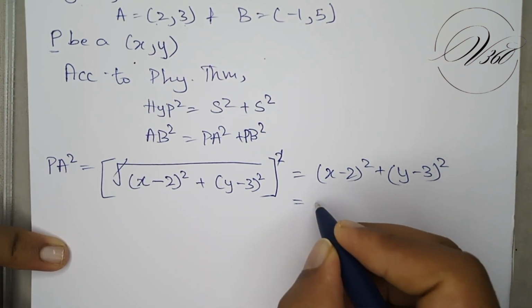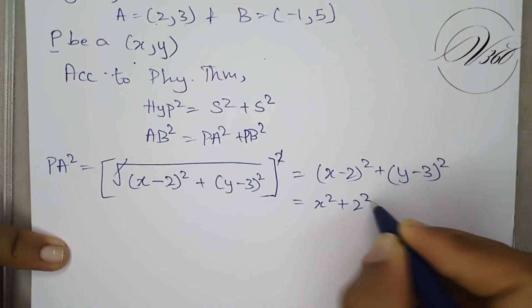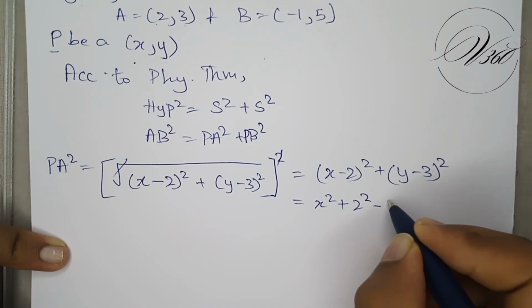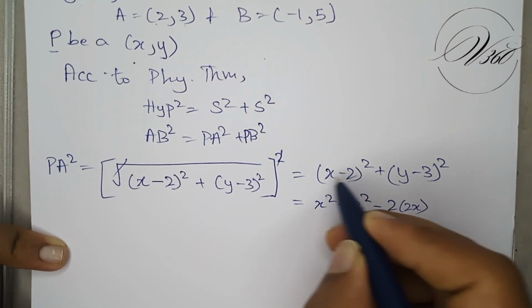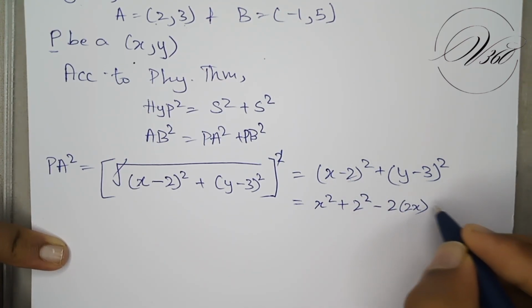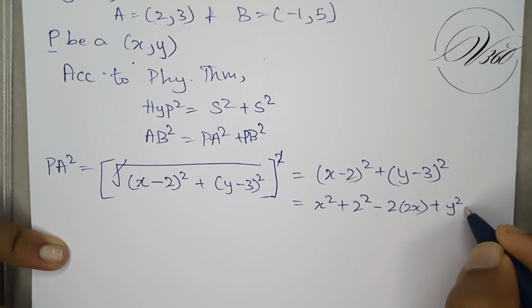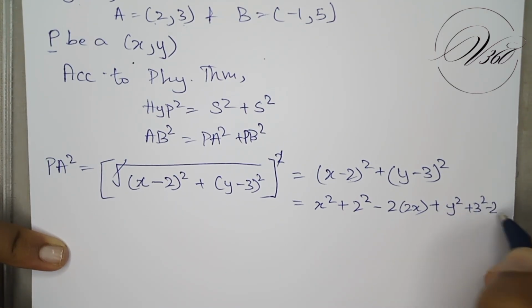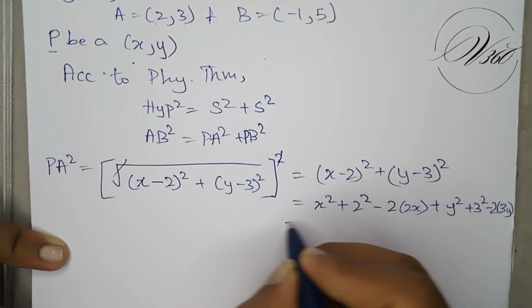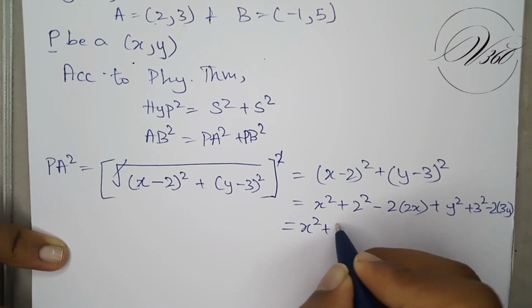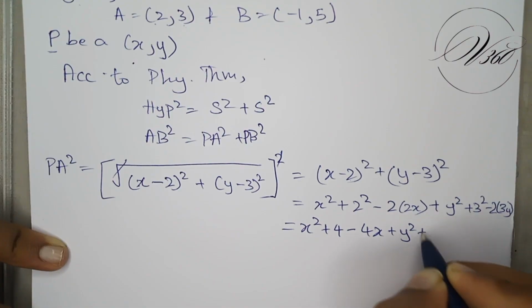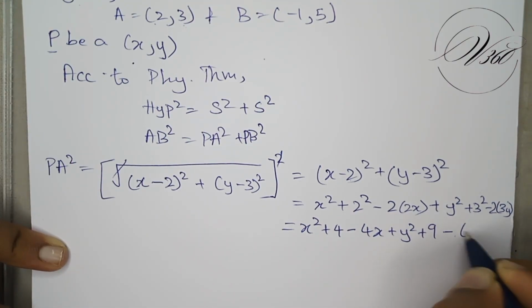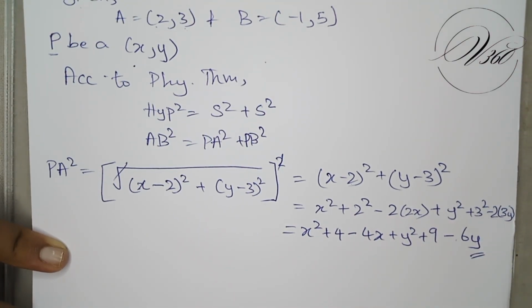Now we will get x square plus 2 square minus 2 of 2x, right? 2 into x is 2x, which is multiplied with 2, plus y square plus 3 square minus 2 of 3y. Right, now here we'll get x square plus 2 square, which is 4, minus 4x plus y square plus 3 3s are 9 minus 6y. This is PA exactly now.